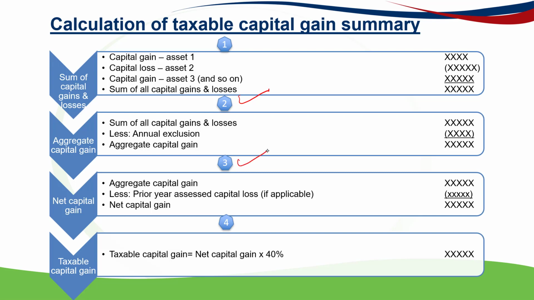Step 3, determine the net capital gain, that is the aggregate capital gain reduced by the assessed capital loss. And then lastly, step 4, you multiply the net capital gain by 40% to get to the taxable capital gain.